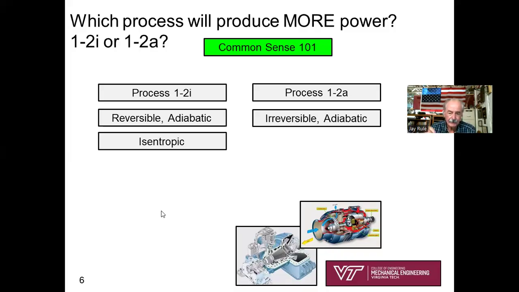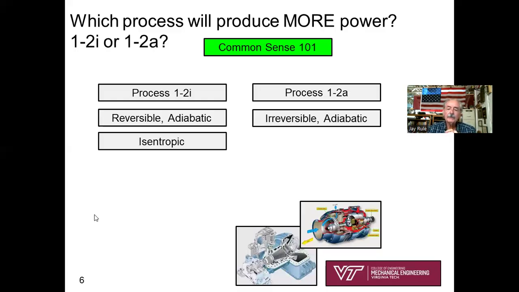So you saw that the 1 state was the same, but the 2 states were 2 different states on the TS diagram. That's important to recognize, okay? This isn't just formula stuff. This is important to visualize on a TS diagram. Process 1 to 2a is irreversible and adiabatic. Let's see, in common, both adiabatic. One's reversible, one's irreversible. So use some common sense 101.